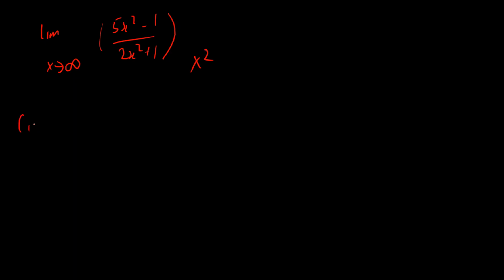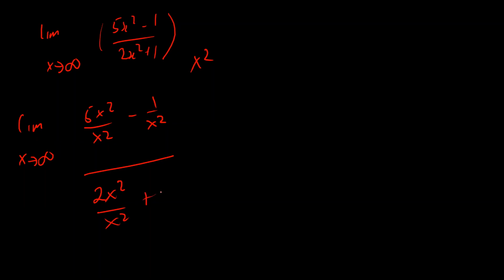So we are going to have the limit as x approaches infinity of 5x squared over x squared minus 1 over x squared, all over 2x squared over x squared plus 1 over x squared, right?